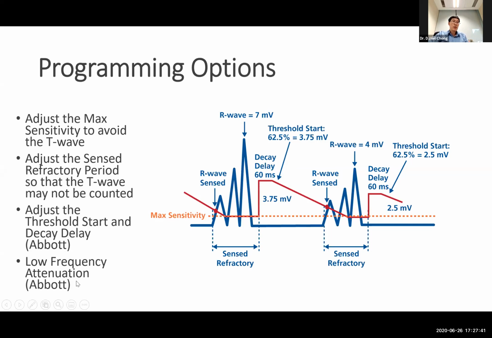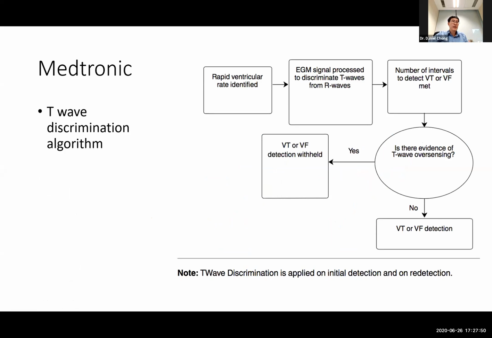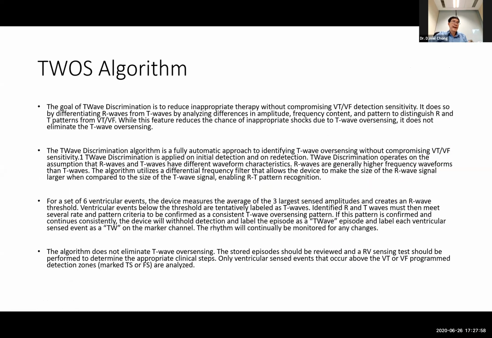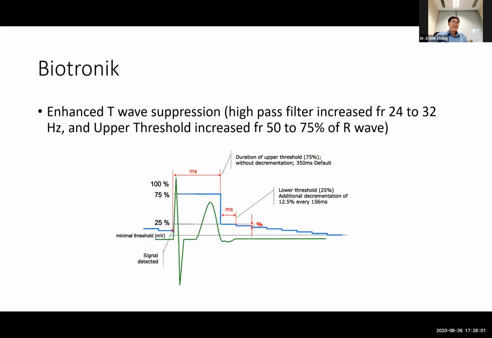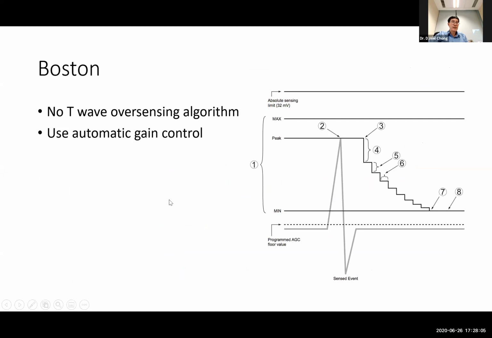There's also low frequency attenuation that will help to attenuate low frequency signals like the T wave and minimize oversensing there. Medtronic has a T wave discrimination algorithm that would help to prevent T wave oversensing, and Biotronik has an enhanced T wave suppression algorithm.